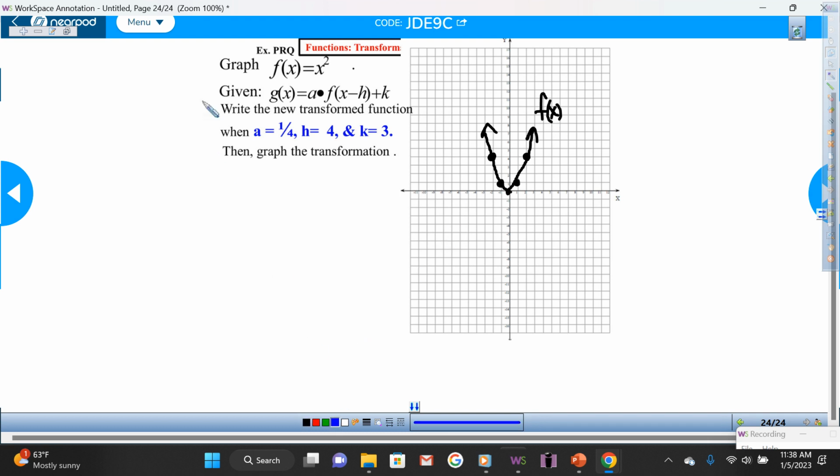All right, next. You need to rewrite this one according to these parameters. So tell your neighbor what you wrote, so that I can call on someone.